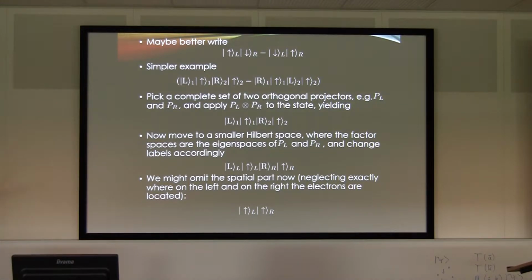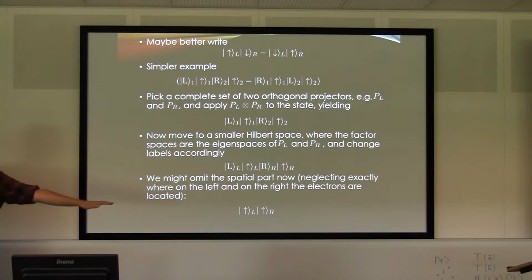How do we go from the one to the other? Here's one way you can do that. Pick a complete set of two orthogonal projectors, for example PL and PR. Just to emphasize, the L does not necessarily refer to the left wave packet, but say we divide the whole of space R3 into two subspaces: one with the x coordinate less than 0, and one with the x coordinate greater than or equal to 0.